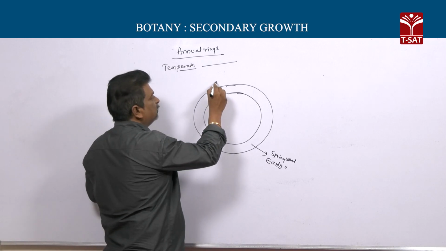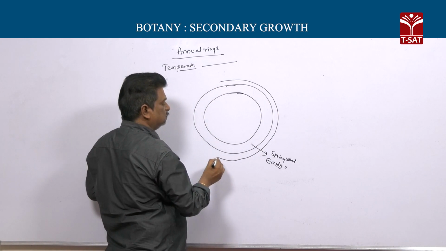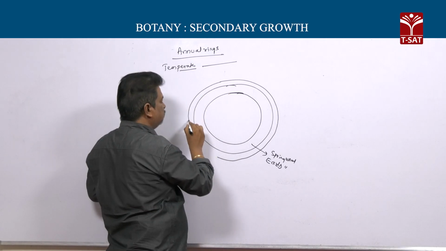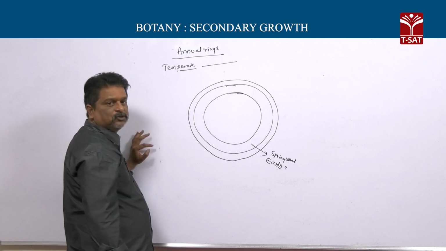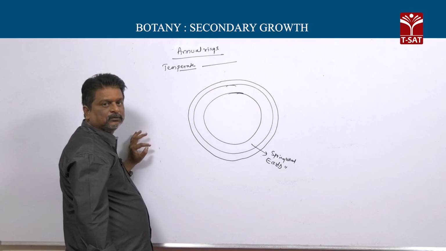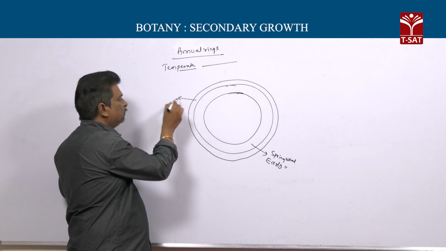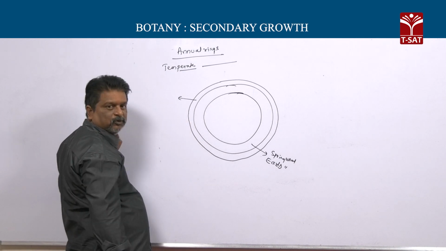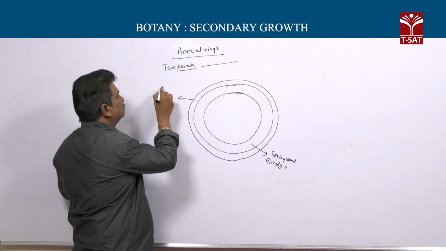Metabolic activity is decreased, and the tree does not require much water. So the activity of the vascular cambium also decreases, and it produces fewer vessels with narrow lumen.